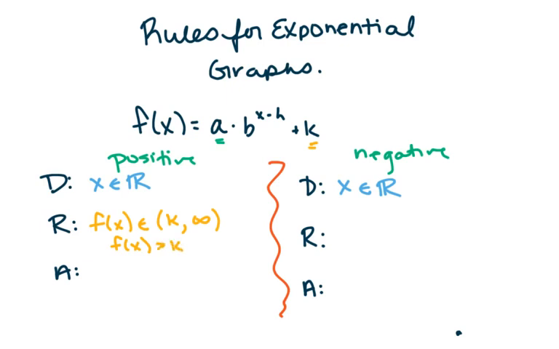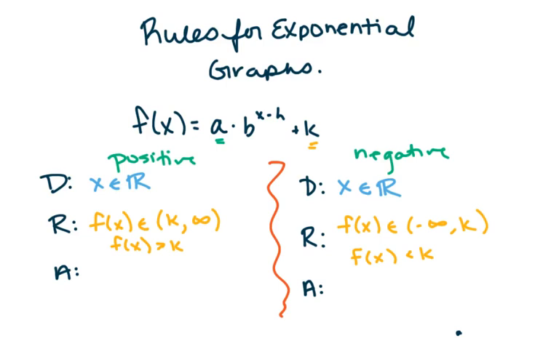Not greater than or equal to, just strictly greater than. And then it would be the opposite if your A value was negative. So you would have f of x goes from negative infinity up to k, or f of x is strictly less than k. So that's the big one that changes with your A value.